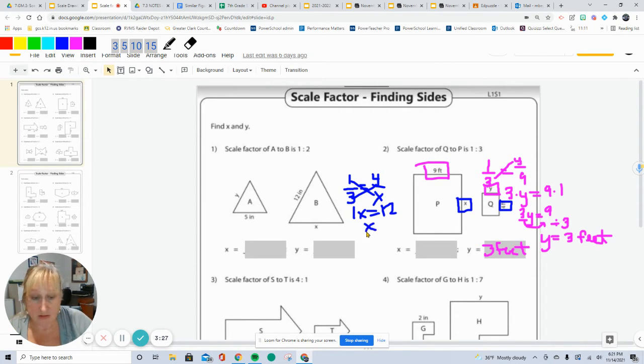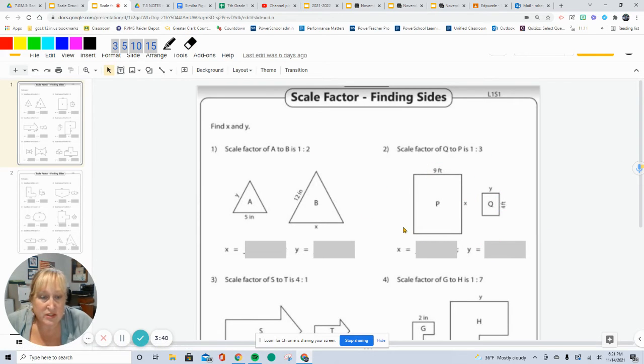Divide by 1, x equals 12, and it'll be feet. So make sure that you put 12 feet. I will quickly show you that you can check that work pretty easily. 3 times 4 is 12. So yes, that does work.